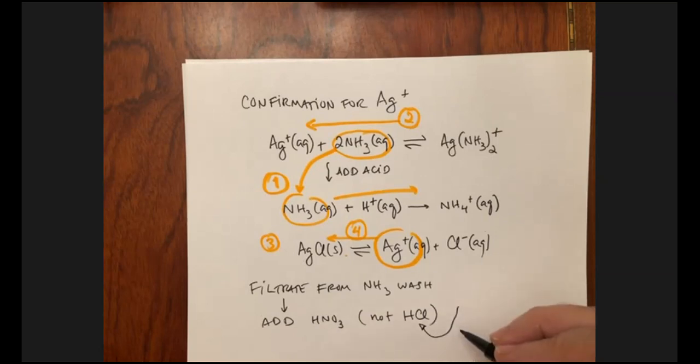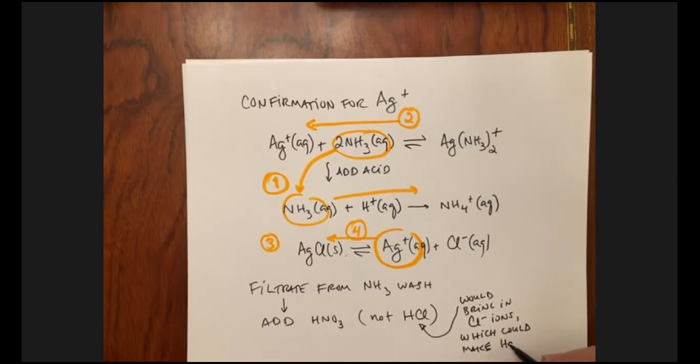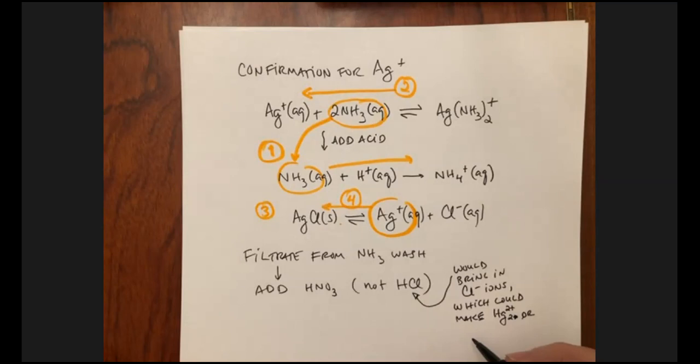If we add HCl, this would bring in chloride ions, and that could make a contaminant, for example, any mercury, or I'm sorry, lead contaminant precipitate, right?